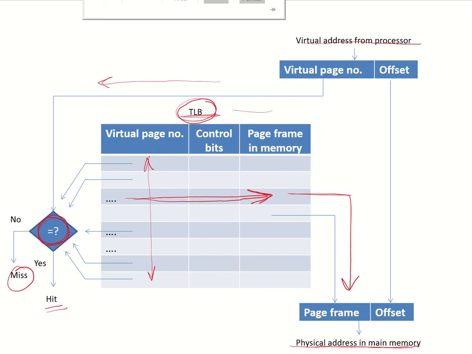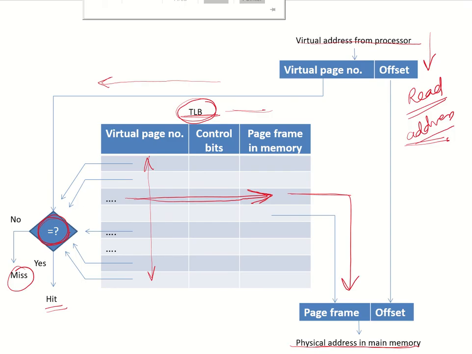Why? Because suppose the processor sends out a read request and it sends out an address for which the information of this page was not available in the TLB. So first the main memory was accessed to figure out the entry in the page table. So one access took place for the page table.